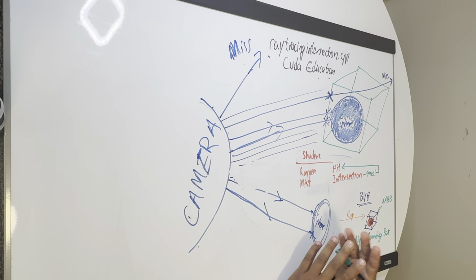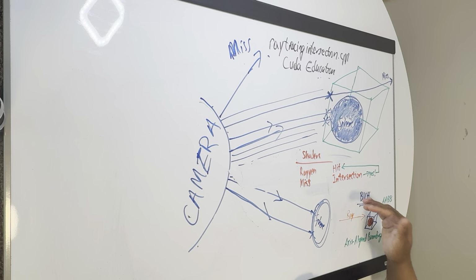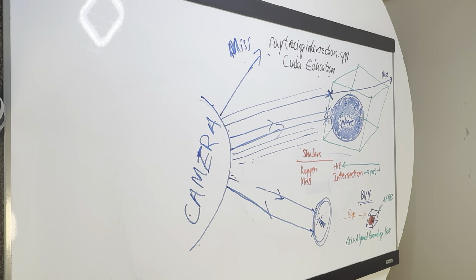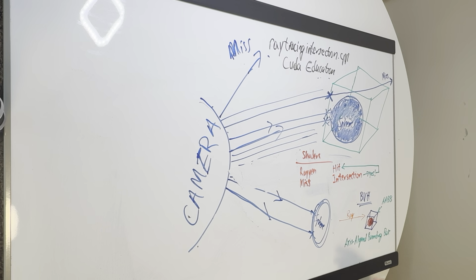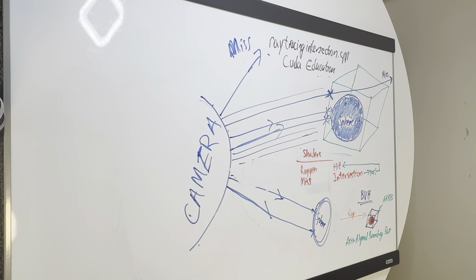We have an intersection, so the intersection shader says yes, an intersection has occurred. And then the hit shader is the painter. The hit shader is the one that actually paints the sphere, makes the sphere nice and round, and makes sure the lighting and all that good stuff is right so that we can visually see the sphere.